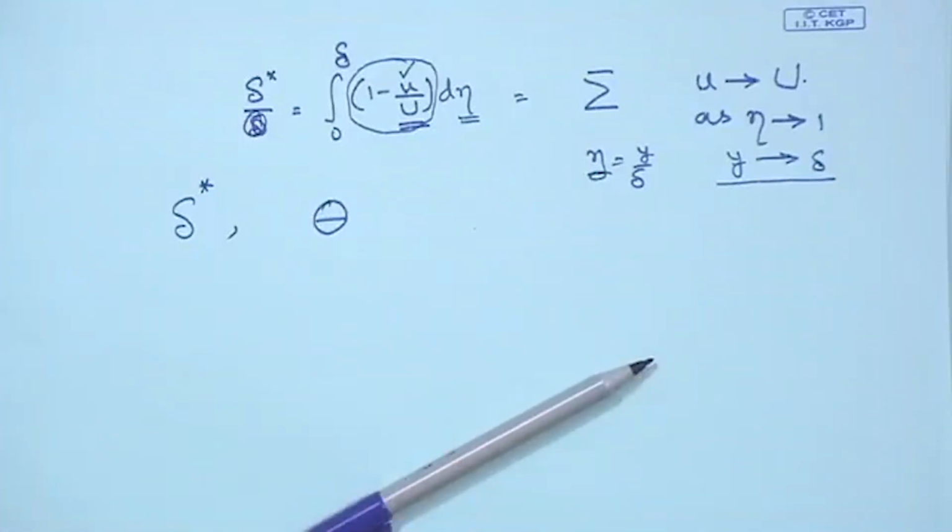And physically, delta star can be thought of like this: when you have a flow over a surface, there is going to be a formation of a boundary layer. Since viscosity is important inside the boundary layer, the flow inside the boundary layer is going to be slower as compared to the flow outside, which does not have any effect of viscosity.